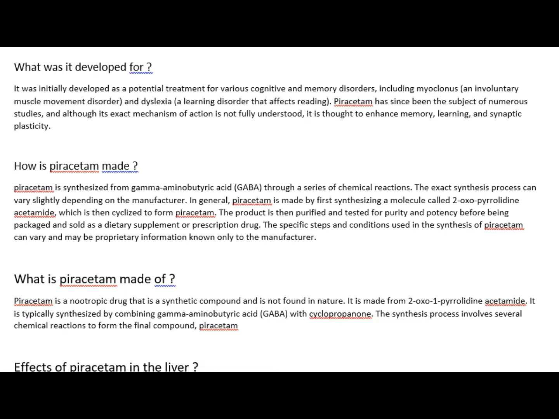In general, piracetam is made by first synthesizing a molecule called 2-oxo-pyrrolidine acetamide, which is then cyclized to form piracetam.